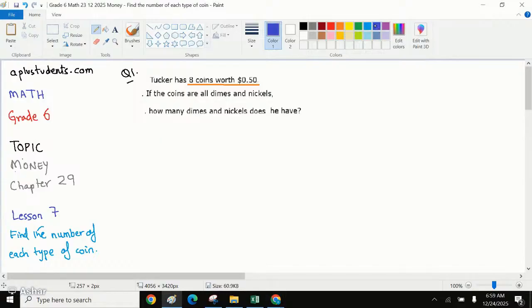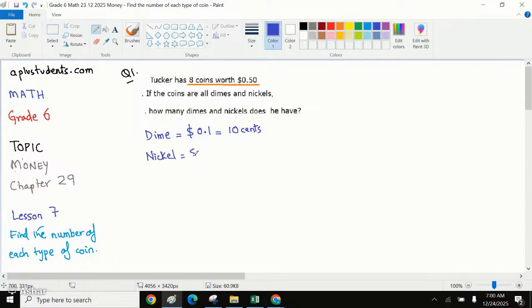So what we need to remember is a dime would be equal to how many dollars? 0.1 or 10 cents. That's a dime. And what is a nickel?